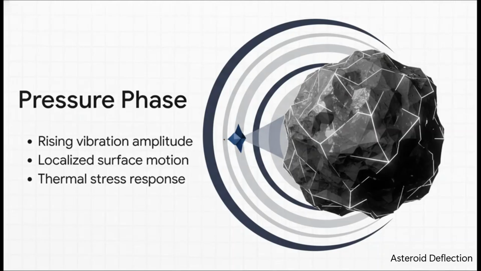We introduce an external driver, basically a tool to apply force, and we tune it perfectly to that natural frequency we just measured. As we pump that tuned energy into the asteroid, structural pressure literally starts building up inside the rock. We'd actually be able to measure this happening. We'd see the vibrations getting bigger, surface rocks starting to shift around in patterns, and even localized heat building up. The asteroid is soaking up that energy and getting stressed out.